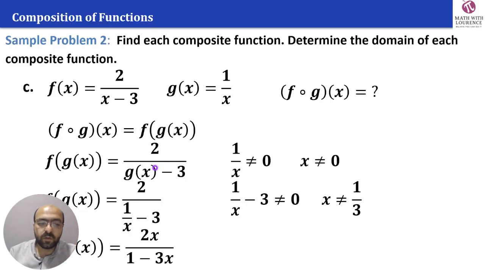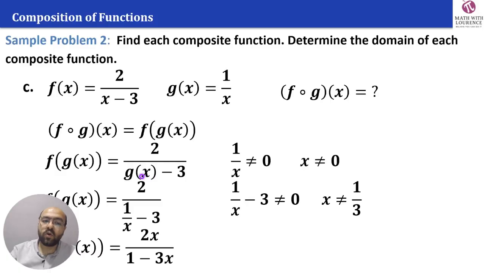Here I have 2 over g of x minus 3. This should not equal 0, because a fraction cannot have a denominator of 0. That means g of x should not equal 3, because 3 minus 3 equals 0.